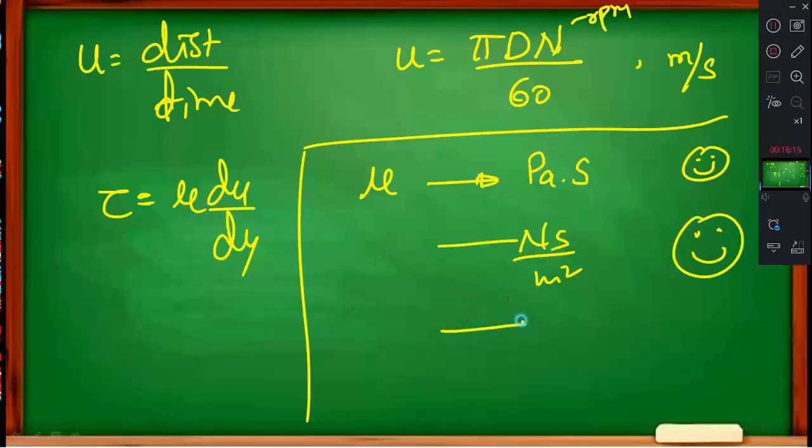But if mu is given in terms of poise, then you need to convert. 10 poise is nothing but 1 Pascal second. Understood? This relation you need to use and convert your dynamic viscosity into your required unit, that is Pascal seconds.